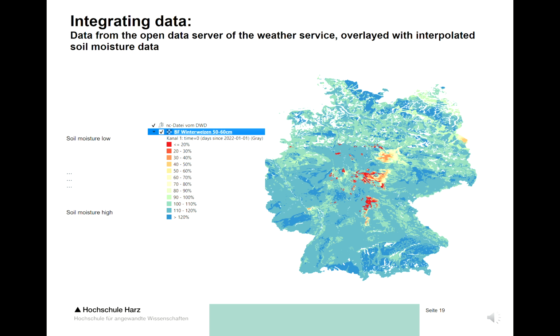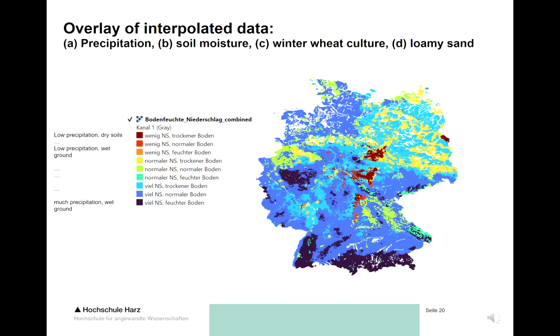Integrating data, of course, is an important issue, and the classic overlay with GIS can lead to new insights. Like you see here, the soil moisture under winter wheat, which is a crop that is grown here. So you can combine the crops with weather and edaphic data.